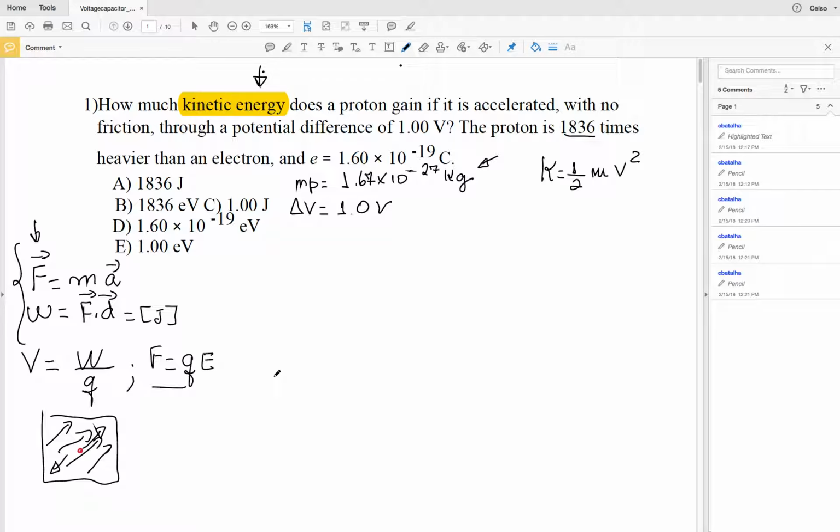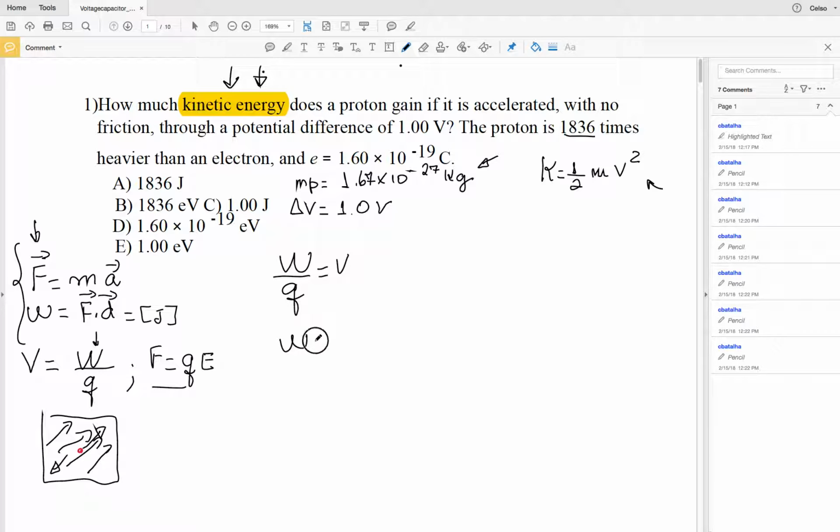So basically, if you look at the problem here, how much kinetic energy does a proton gain? We are talking about energy, so we are talking about work. The energy is associated with the motion, and that's the only one. We don't have gravitational potential energy here. Then we are talking about kinetic energy, basically. Now, what is the energy associated with this electric field? Well, the work per unit of charge is equal to the voltage, right?